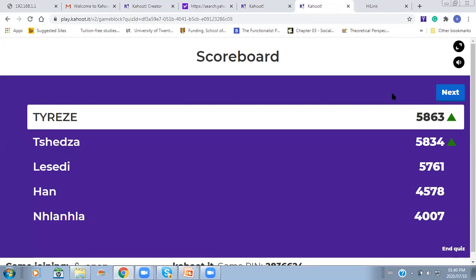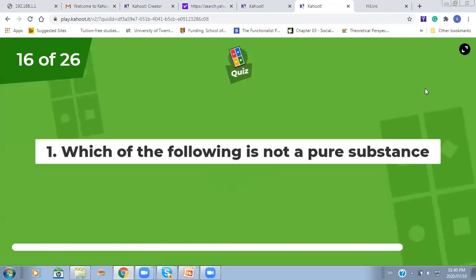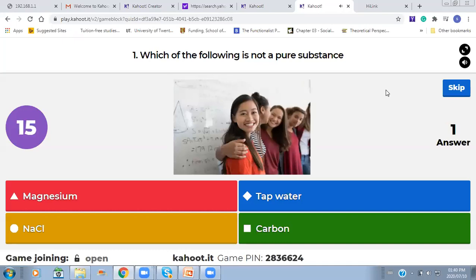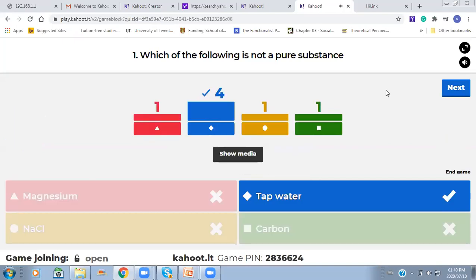We are doing the last one. Let's see. Which of the following is not a pure substance? Okay, we did this one, and four people got it right.